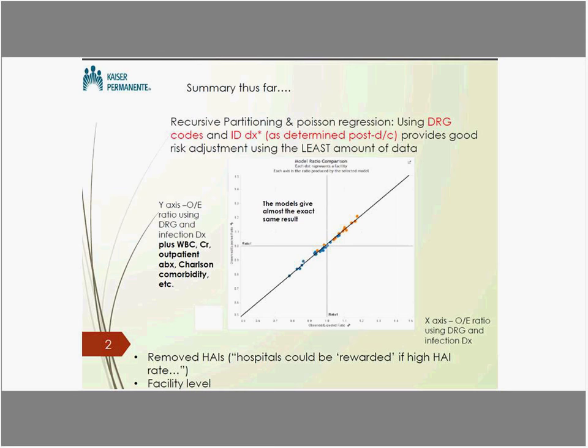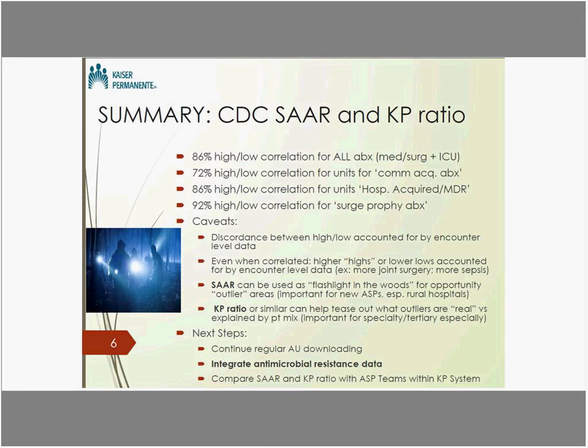What they also found that was quite encouraging was that there was quite a bit of agreement between the facility-level antibiotic use ratios that we can generate out of NHSN and the patient-level risk adjustment that they were able to do through their Kaiser database.